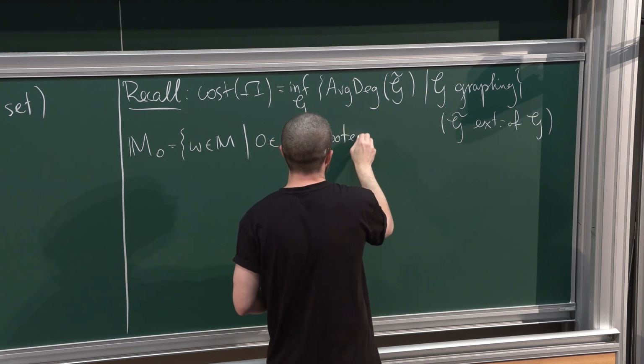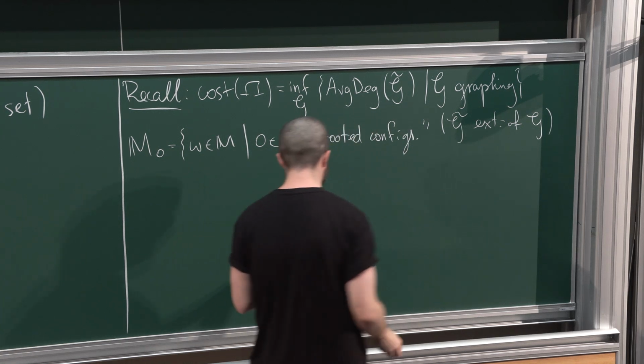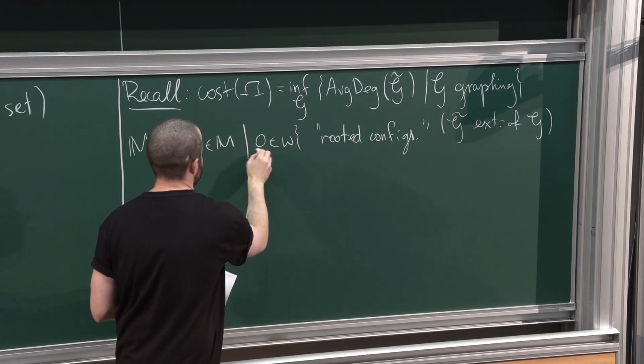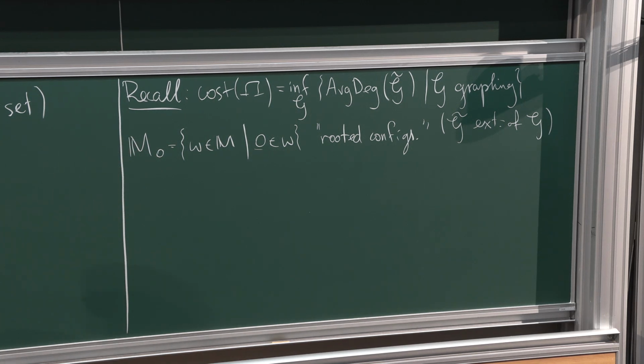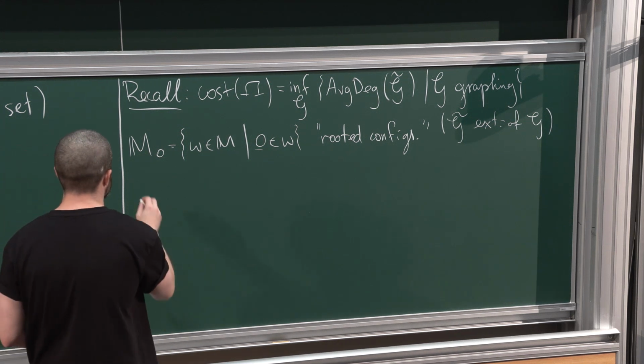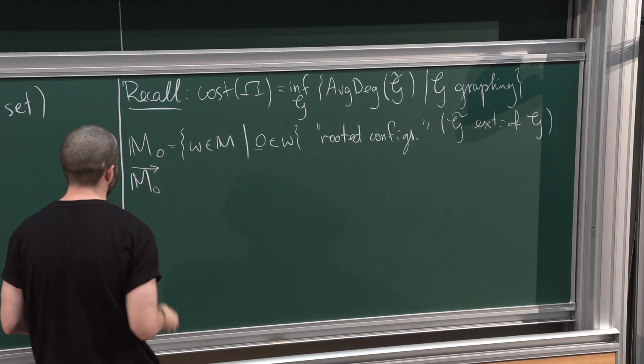So these are what I call rooted configurations, because they contain the root, this element 0. Okay, so it turns out that this is the unit space of some groupoid, and this is what I'll define now. So what is the groupoid? So I have M0 with an arrow on top.